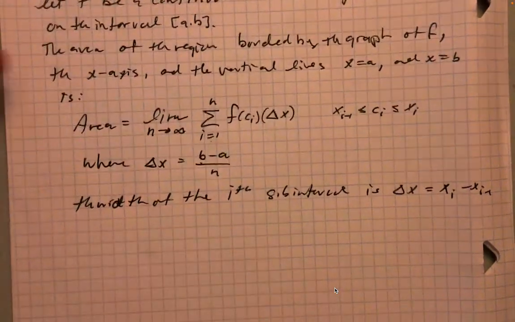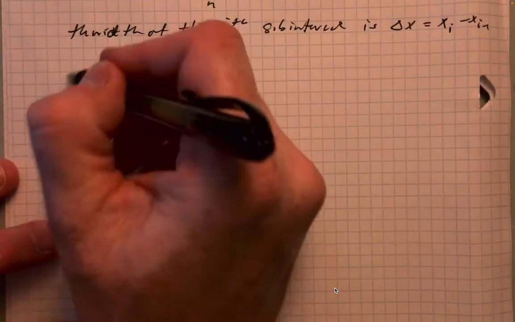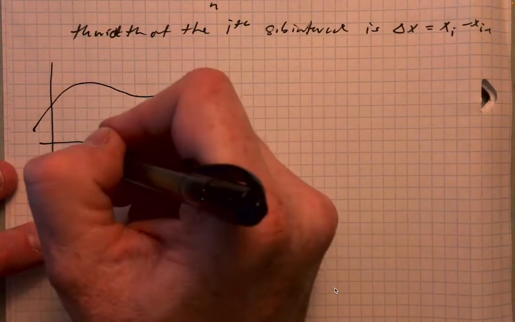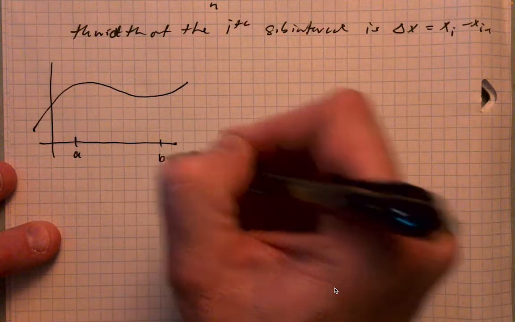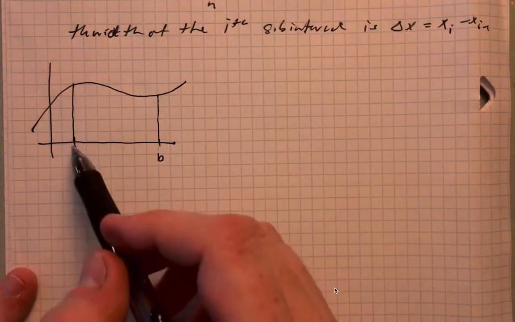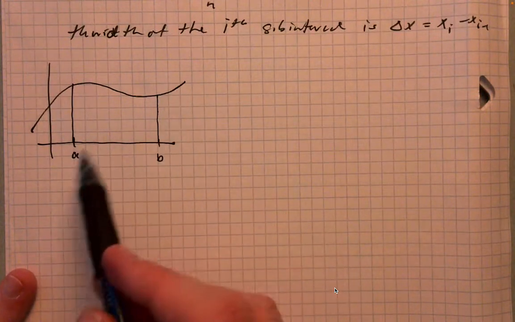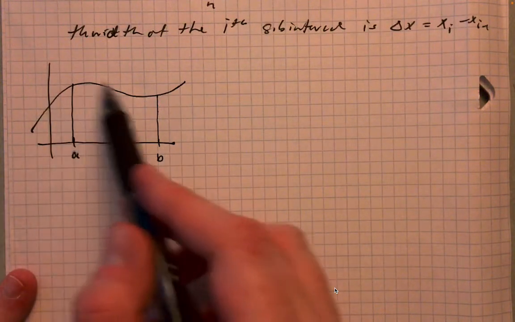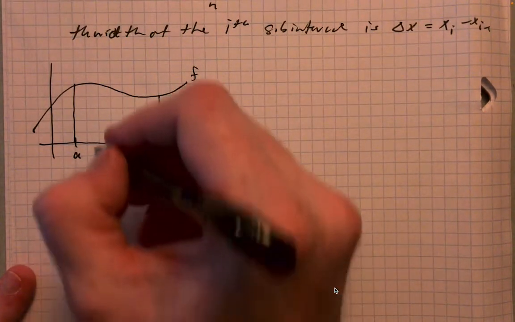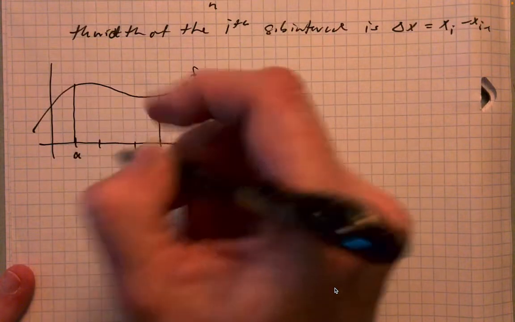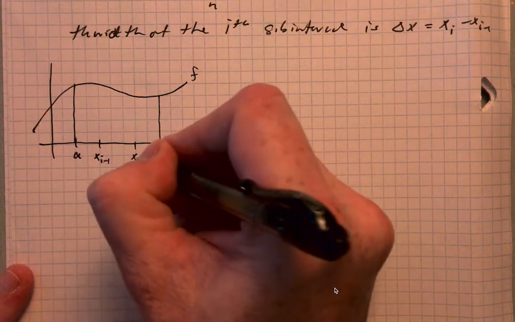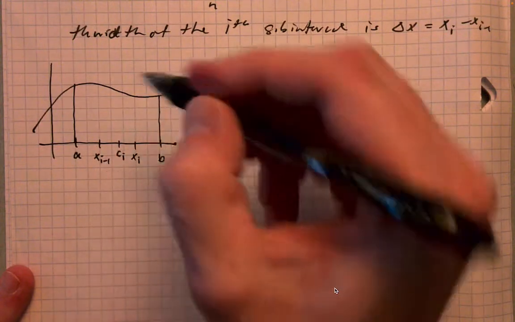Just a picture quick, let's make sure to drive this home. You've got some function, and you've got a and b. This is your x equals a line, that's your x equals b line, that's the x-axis, and that's the function f. Let's create an interval of interest here. This is obviously a very wide interval. This will be i minus 1, that's xi, and somewhere in there is a ci.